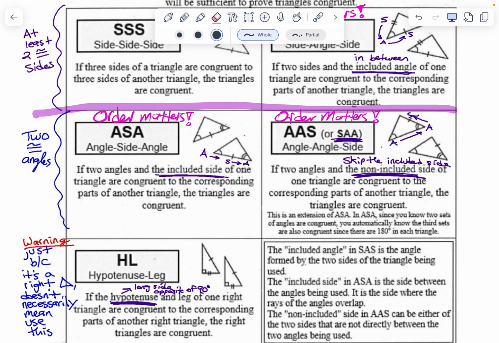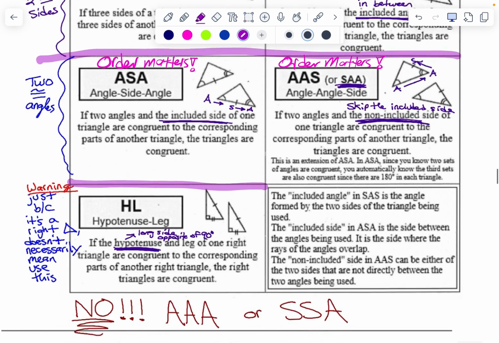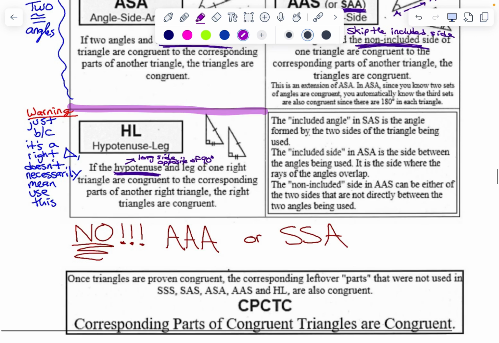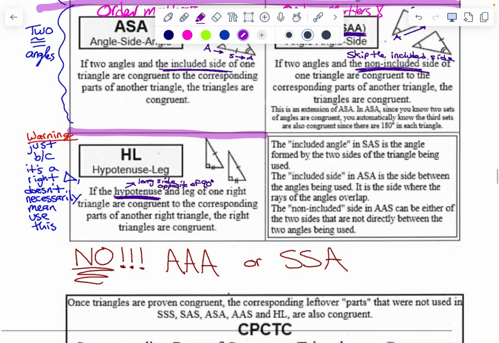All right. And then next is HL. And note that it is the only one with two letters. Please write this note out to the side. It says, just because it's a right triangle doesn't necessarily mean use this.